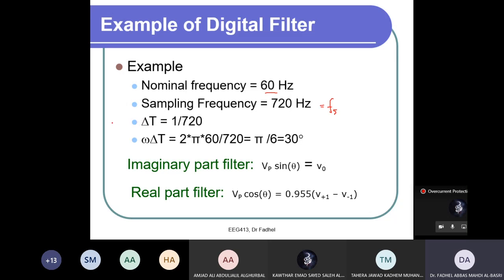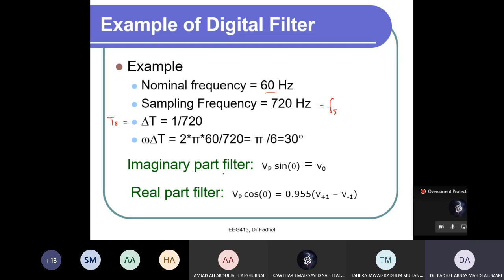Sometimes we also call this Ts, the sampling interval. And omega delta T, which is 2 pi F times delta T, will be pi over 6, which corresponds to 30 degrees.